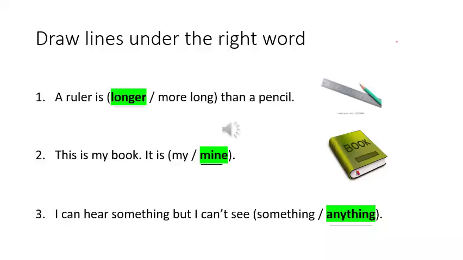I can hear something, but I can't see anything. Okay? Something or anything. Which is the correct option? Anything is the right word. Because if a person is blind, that person cannot see anything. But the person can hear something.